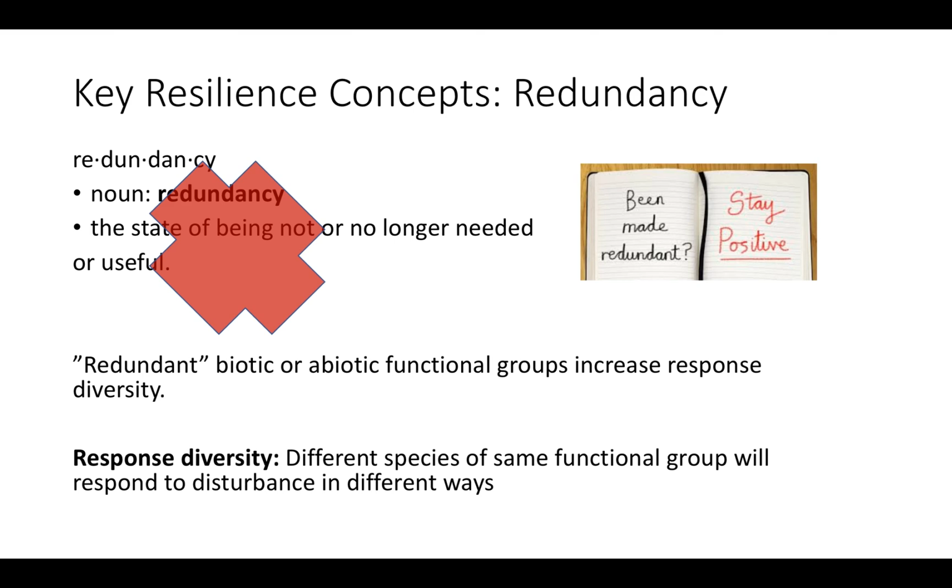Response diversity is where different species of the same functional group have different responses to disturbance. So that if one particular species doesn't respond or goes extinct, other species that may be quote-unquote redundant within the function they play in the ecosystem are still there. So the more variation you have in those functional groups, the better.